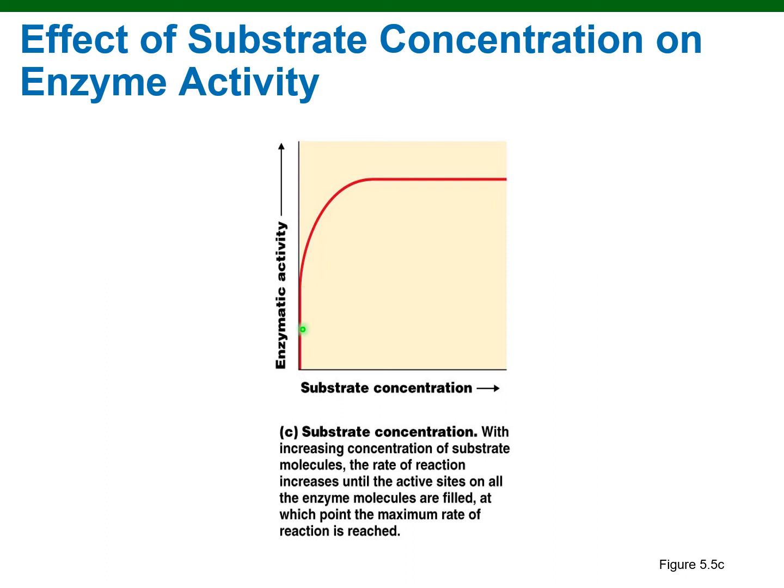So we can see the activity of the enzyme go up and up very rapidly as we increase the amount of substrate available to react. There is a point where, fairly quickly, once the substrate reaches a certain concentration, the enzyme activity will level off. This leveling off effect is referred to as a saturation point.